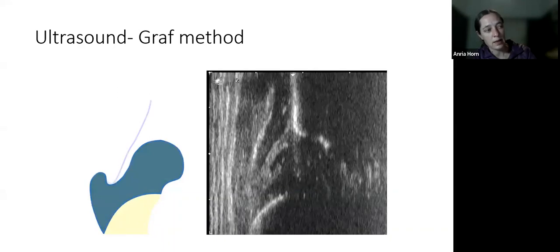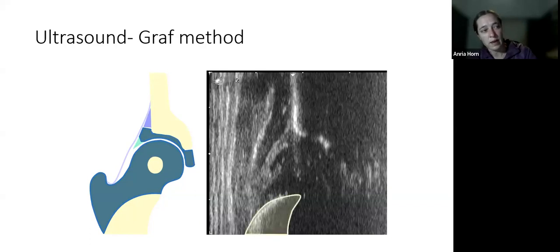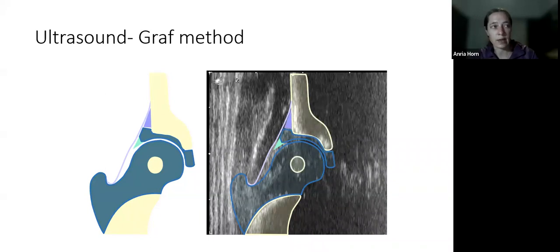There's the head, there's the capsule, there's the labrum, there's the acetabular roof, there's the ilium, there's a little bit of fat, and there's the ossification center of the femoral head. Now if you interpose this picture on the ultrasound, there's your neck, the head, your capsule, the labrum, the acetabular roof, the ilium, the little piece of fat, and the femoral head ossification center.